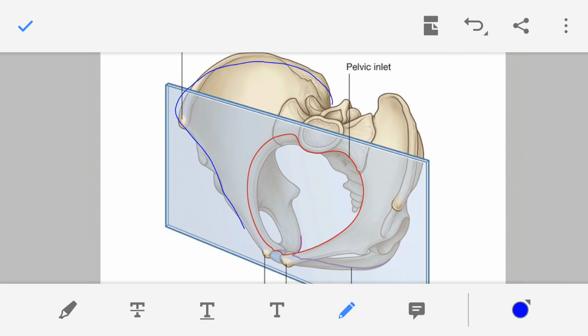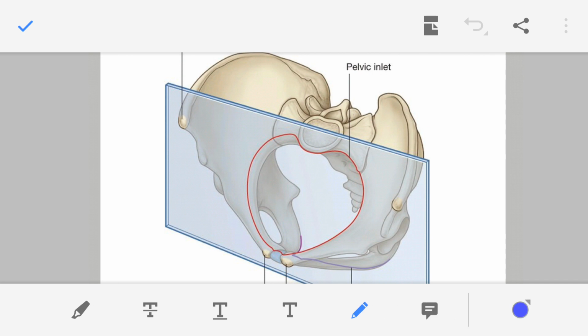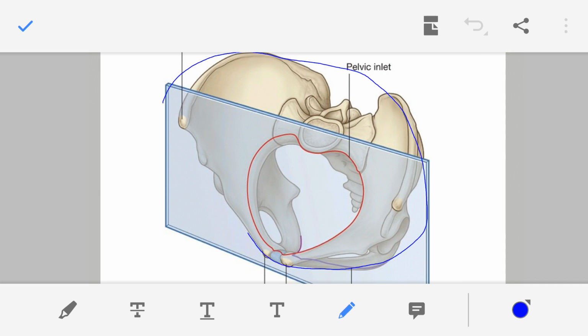This one is the hip bone, this one is the hip bone, then the pubic symphysis, and this one is the sacrum. All this structure forms this basin-like structure.